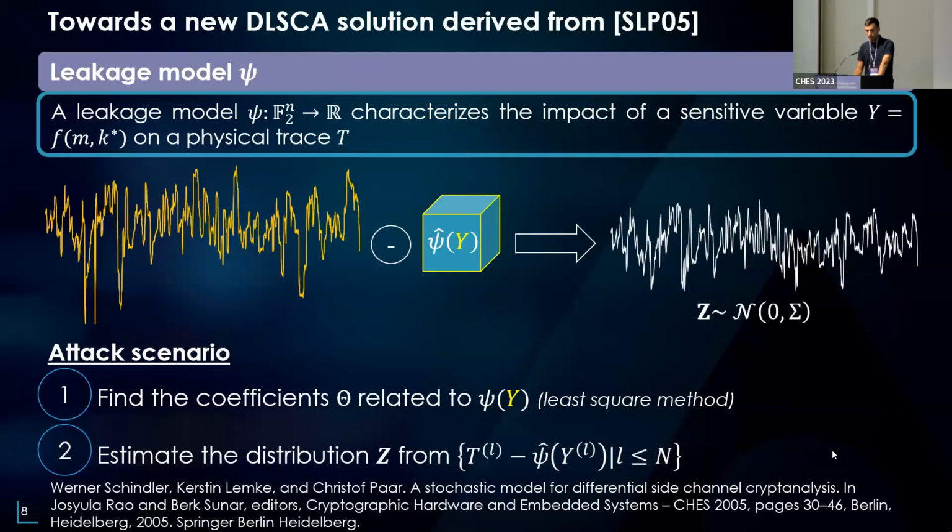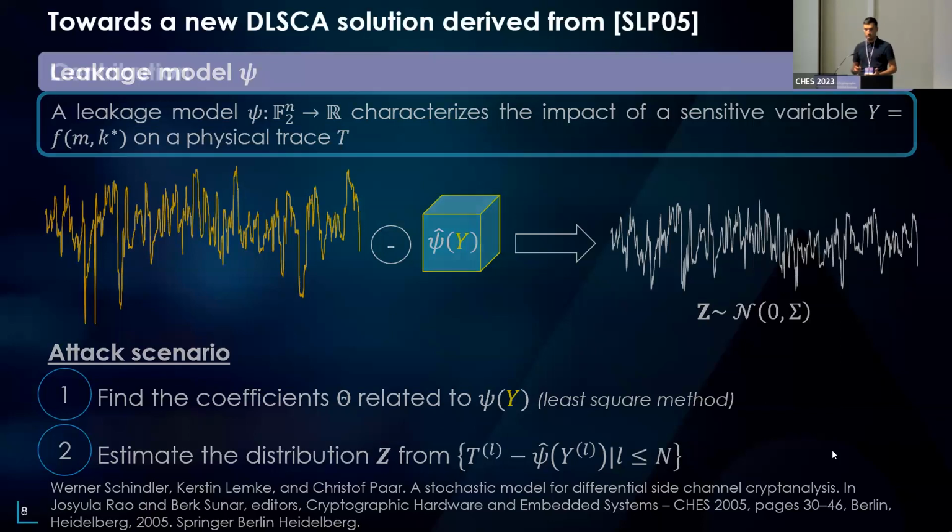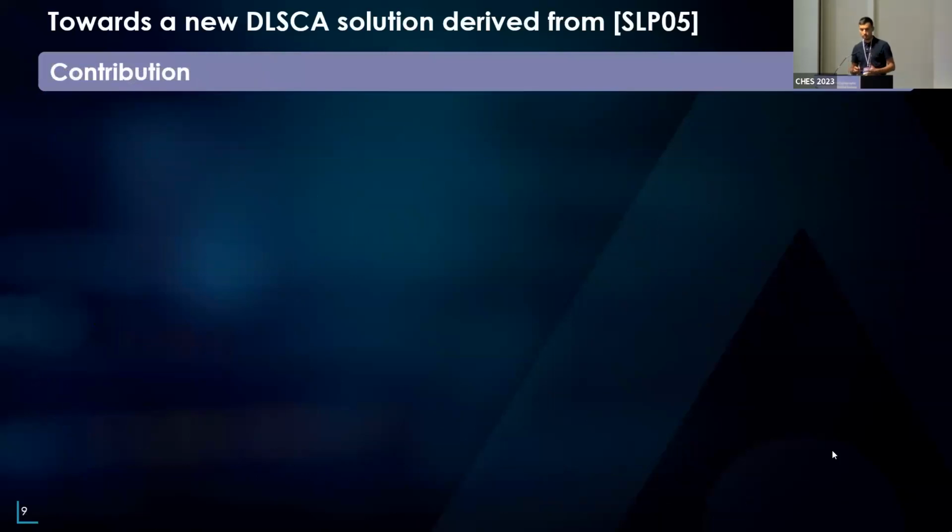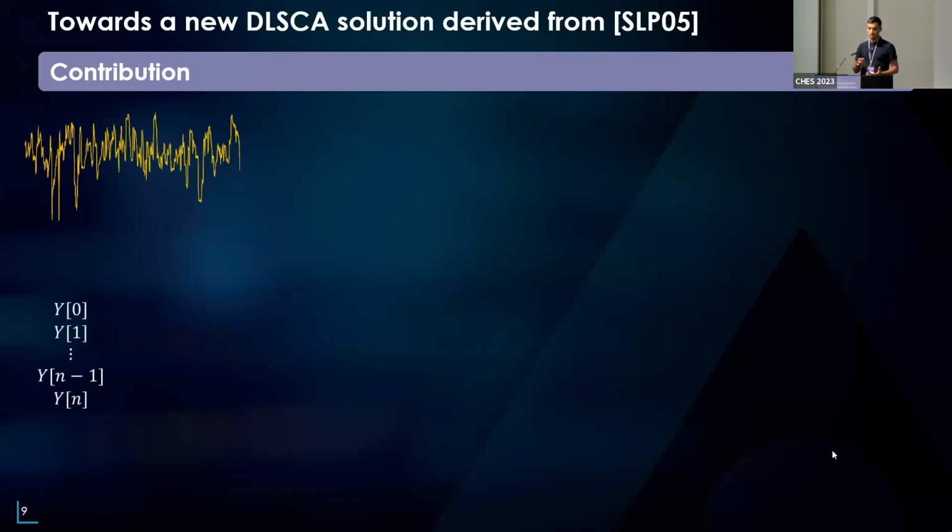Okay. Based on those observations, I can introduce our contribution. As a reminder, we designed a new kind of neural network that takes as inputs a physical trace and the bits related to y.